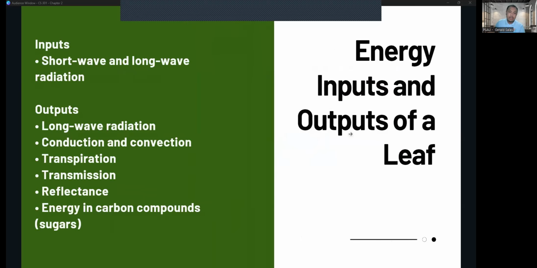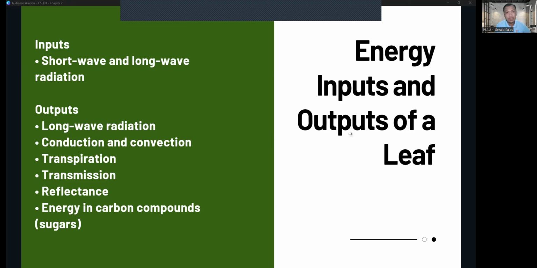Now, if there is a leaf and light relationship, of course there are inputs and there are outputs. So basically, these are the inputs and outputs of several processes when light comes to the leaves. For inputs, of course, we have radiation.